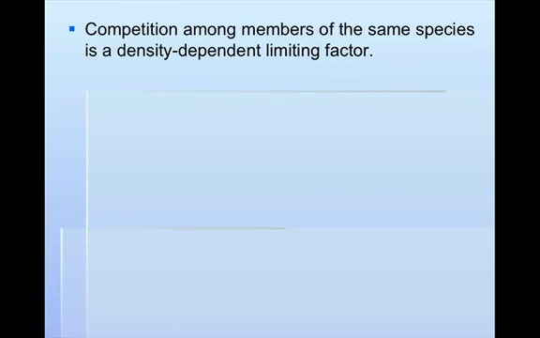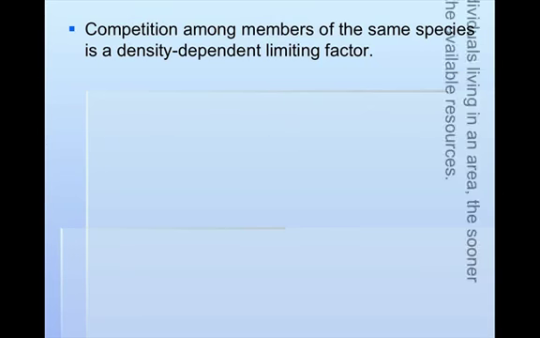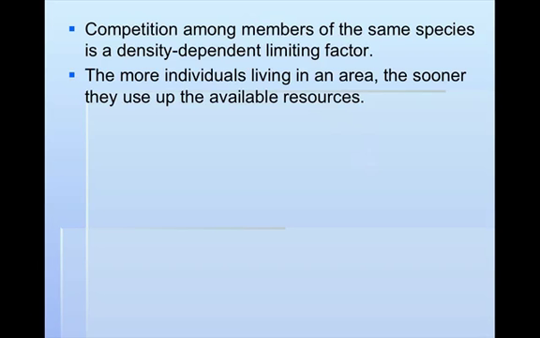Competition among members of the same species is a density-dependent limiting factor. The more individuals living in an area, the sooner they will use up all of the available resources. So the larger the population is, the more they're going to eat, and the fewer resources or space they need to survive are going to be available to them.